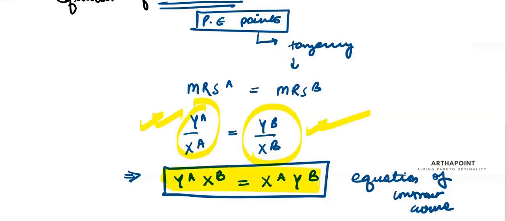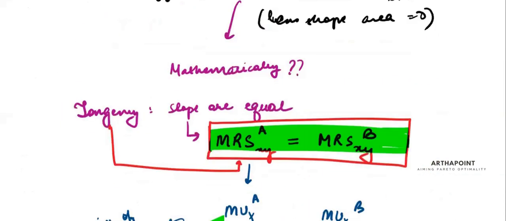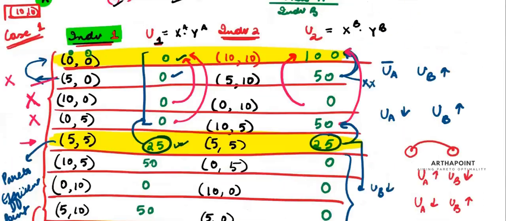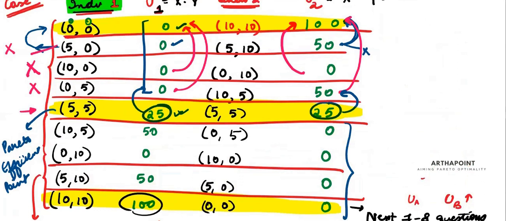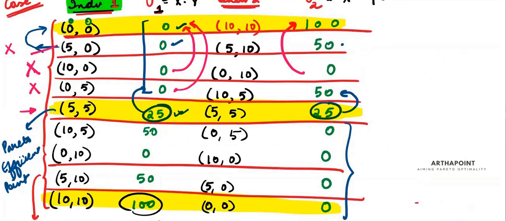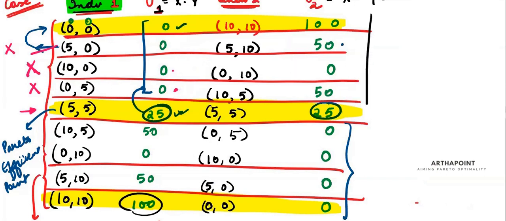Now, if you go back and check the table that we had, you can see this cross multiplication also. So if I take the first point, let's consider here, what will be YAXB?